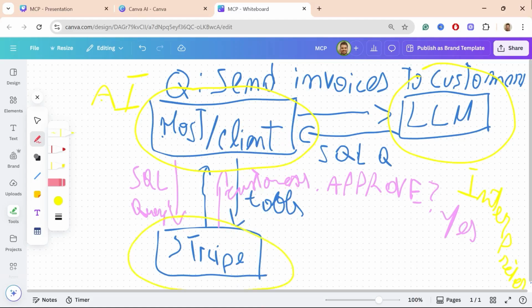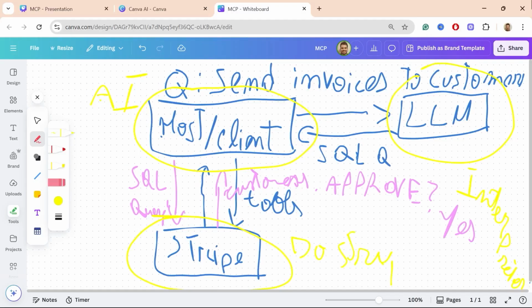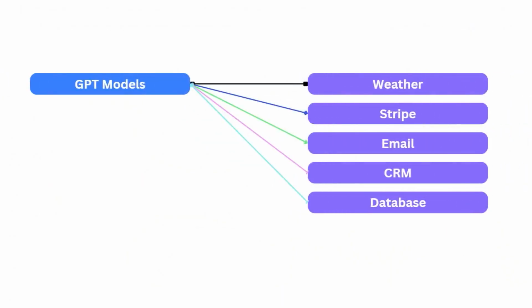This interpreter is going to allow us to do stuff. And what makes all of this easier, and I'm not saying possible, I'm saying easier, is the MCP. Because it would always still be possible to have something like this, right? But to the extent that it's easy and actually manageable to make all of this happen is via the MCP.